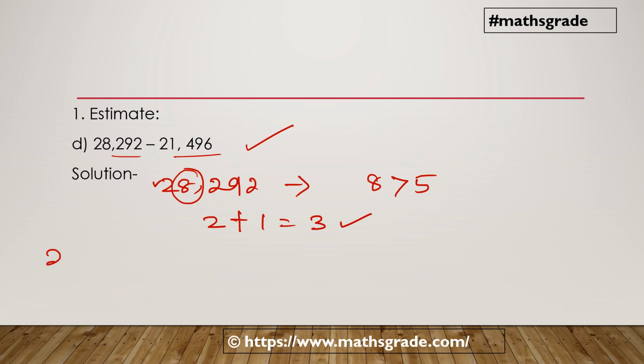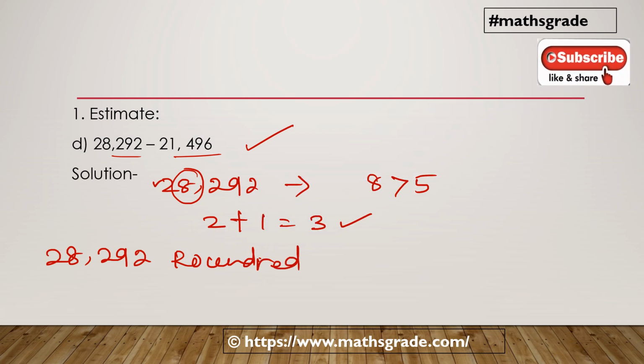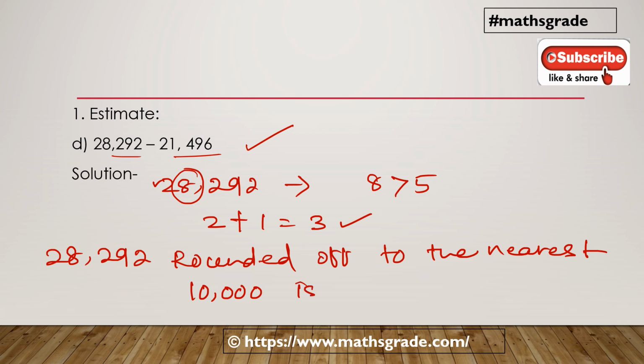So 28,292 rounded off to the nearest 10,000 is 30,000.